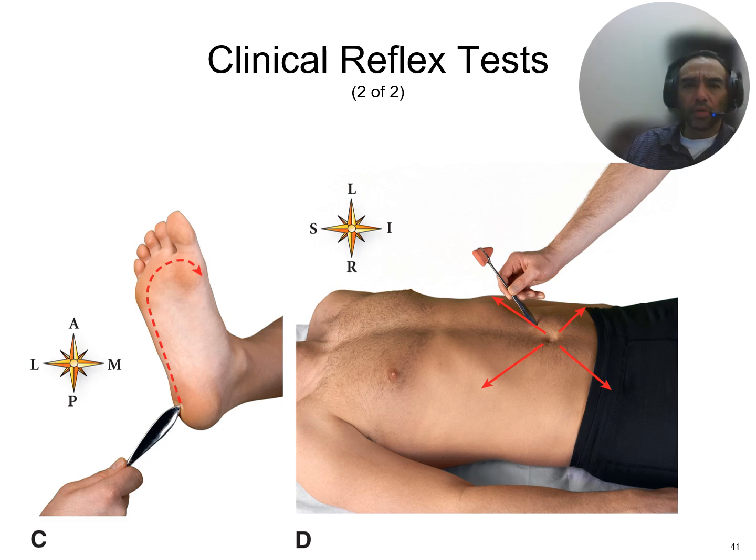It tests the integrity of the musculocutaneous nerve and spinal segments C5 through C6. There's always whether it's diminished or exaggerated. If it's diminished or absent completely, it indicates damage to those areas, and if it's exaggerated, it suggests some lesion in the upper motor neurons.